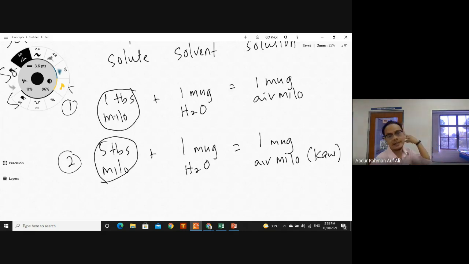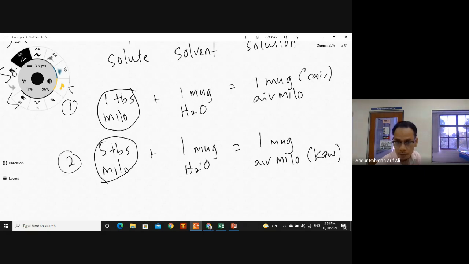Okay, so that is bila kita discuss tentang solubility, we look at the ability of the solvent to dissolve the amount of solute. So kalau this mug, this water, 1 mug of water ni dissolve 1 tablespoon, kita akan dapat air Milo tapi cair, tak kau, tak sedap.